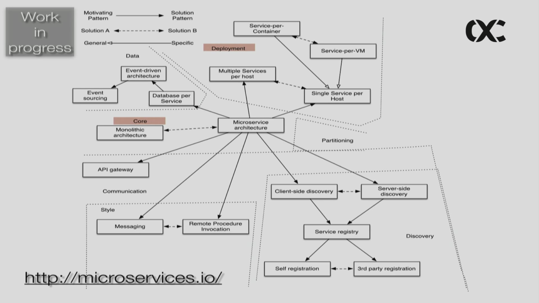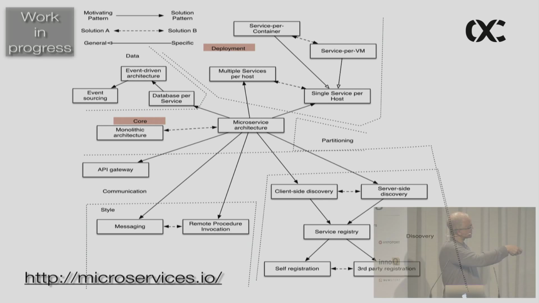Then there are deployment patterns. There are various different ways you can deploy microservices. You could deploy them in containers. You could deploy them in virtual machines. Or you can just run multiple services on some box that you've given a cute name to. Those are pointed to by a single-arrow solid line, which says these patterns solve problems that are introduced by the microservice architecture.